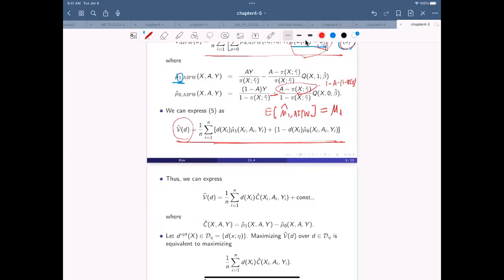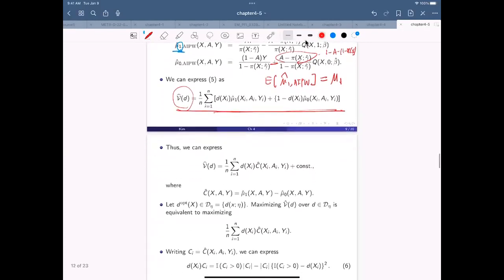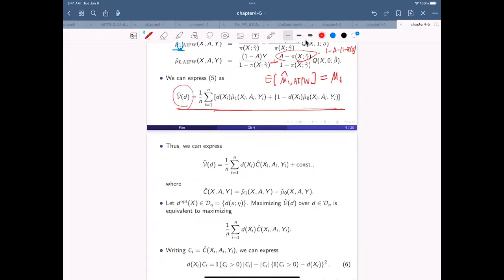C hat is mu1 hat minus mu0 hat. So that is actually interesting because we call it what? What did we call this? Contrast function. Remember the contrast function.